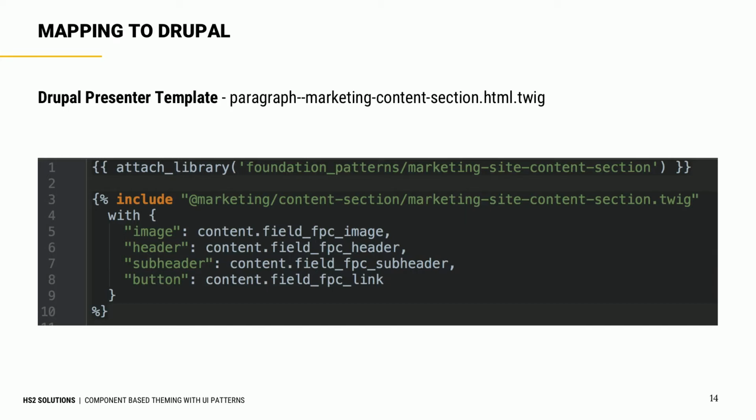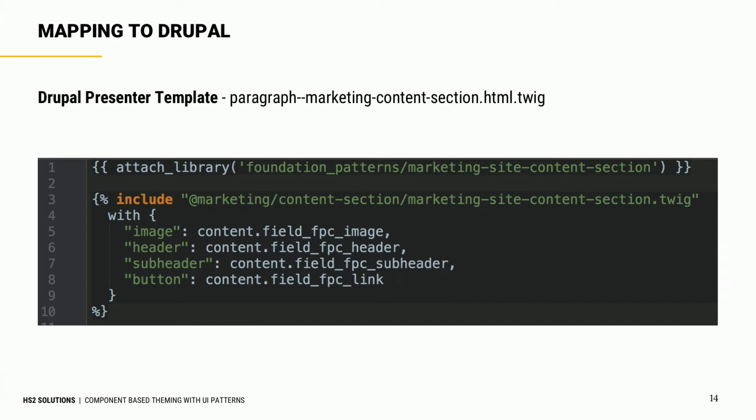And in there, we're going to include the marketing site content section Twig template from our pattern library and pass the Drupal variables along to that template. So this template basically is a middleman that communicates between Drupal and our template in our pattern library.